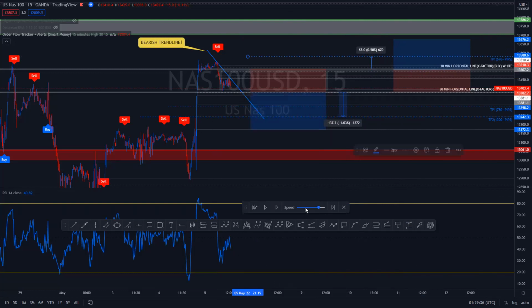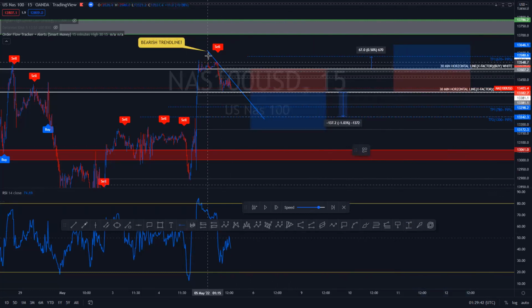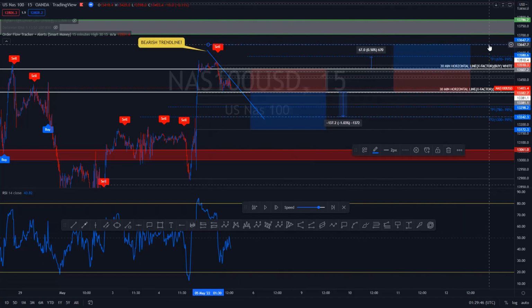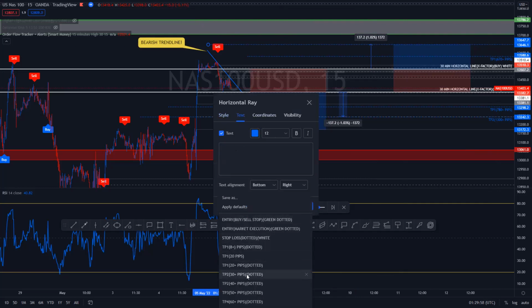All right, that's TP1. And then if I thought price was going to go up to this point, I probably would have just put another one here. That would be over 1,300 for TP2.